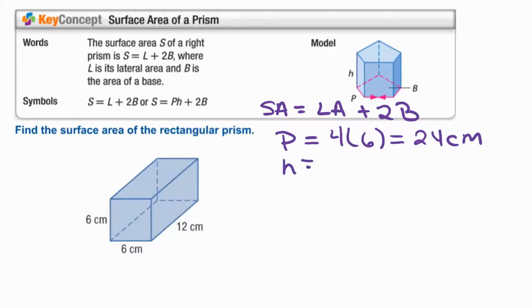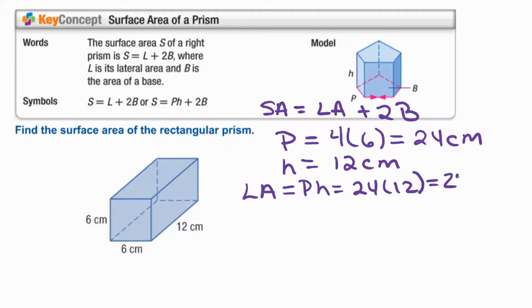The height of the prism is 12 centimeters. So that would give us a lateral area equal to the perimeter times the height, which is 24 times 12, which would be 288 centimeters squared.